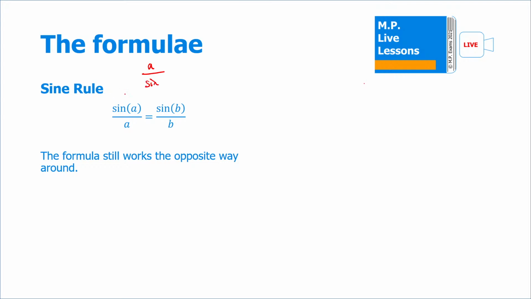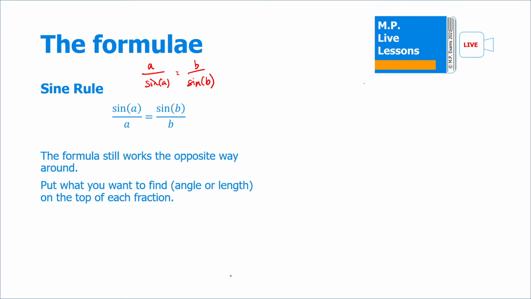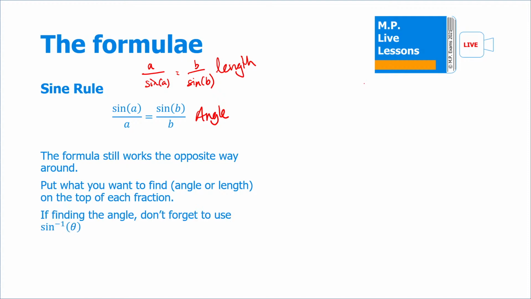Let's say a over sine A is equal to b over sine B. Because really what you want to find, let's say the angle or the length, goes on top of each fraction. If you want to find the angle, use this one. If you want to find the length, use this one. And remember, if you're finding the angle, don't forget to use that sine minus 1 function at the end to get the actual angle.